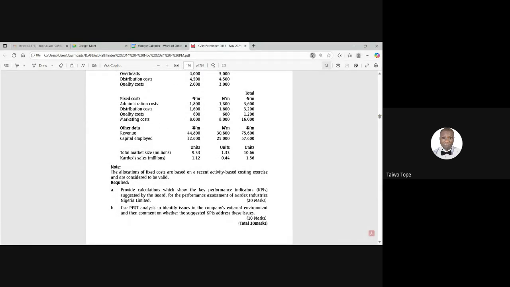This is the market size for Wash-Up. And for Cades, what is the proportion of this that Cades is selling in the market? The market, you can sell 9.33, and Cades is selling 1.12. So what is the market share of Cades in 9.33? So how are you going to get that now?